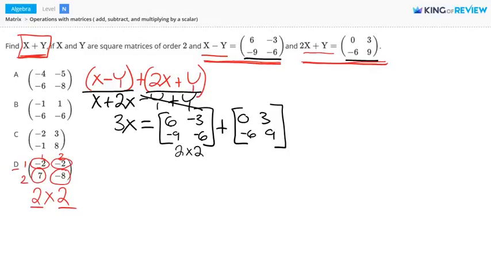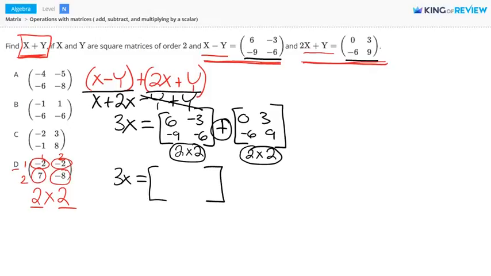This second matrix is also a 2 by 2 matrix. Because these have the same dimensions, I'm allowed to add them. This means that I must add the entries that are in the same position.